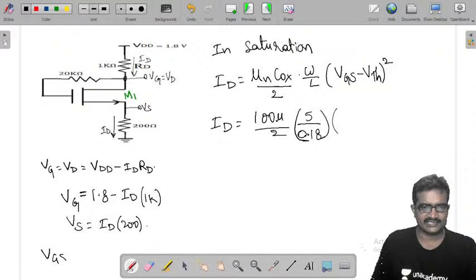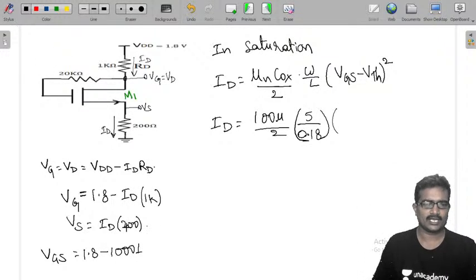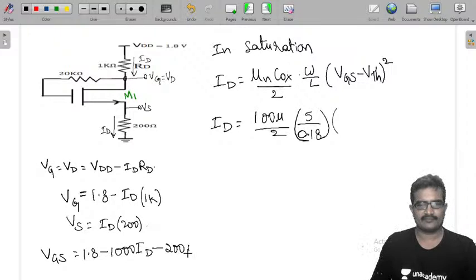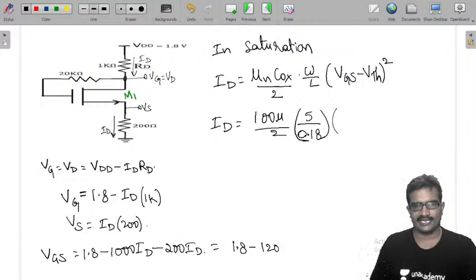Therefore VGS is 1.8 minus 1000 ID minus VS 200 ID, which is 1.8 minus 1200 ID.